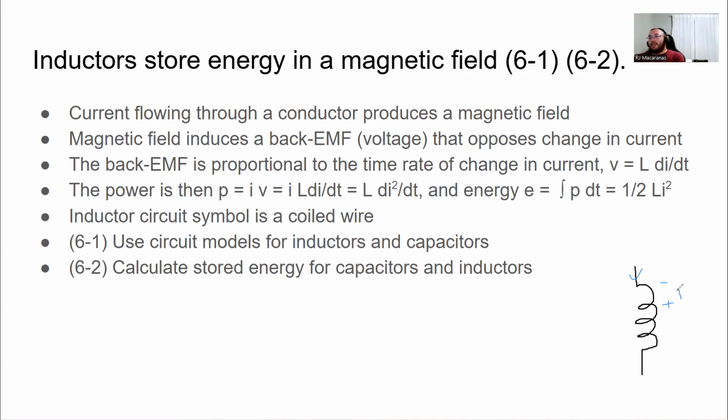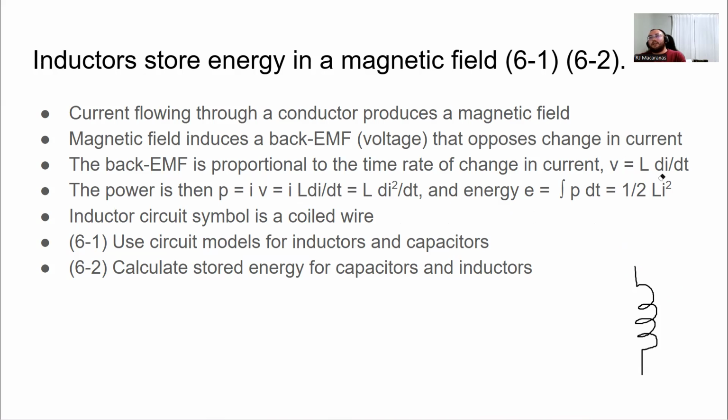It'll effectively try to send current the other way, so it generates this back EMF to oppose that initial change in current. This back EMF is proportional to the rate of change in current.